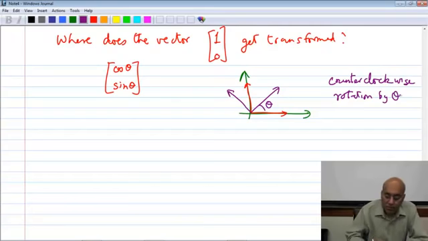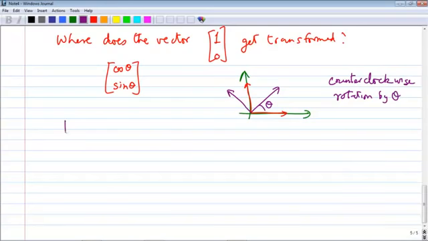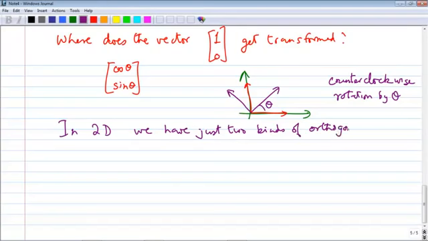So in 2 dimensions, the story is very simple. There are just two kinds of orthogonal matrices.